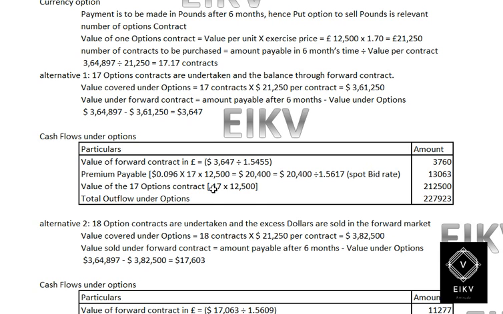Now the value of 17 option contracts will be 17 into 12,500, 2,12,500. Therefore the total outflow under option contract will be 2,27,923.